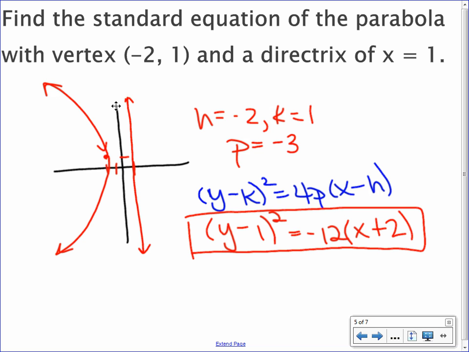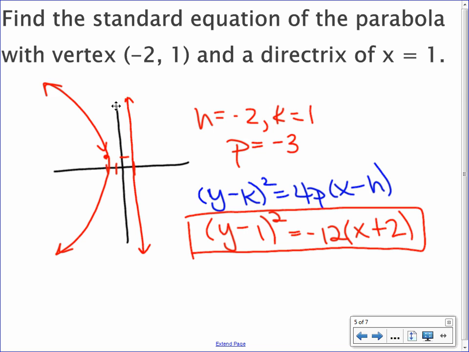I'm flexible with that. Katie asked if she labeled p as 3, but then looked at her graph and made the 12 negative, would that be okay? Yes, it would, because we're thinking of p as a distance, and we're looking at the negative to see which way it opens. So if you label this as 3, but make it negative in your standard form, I'm okay with that.